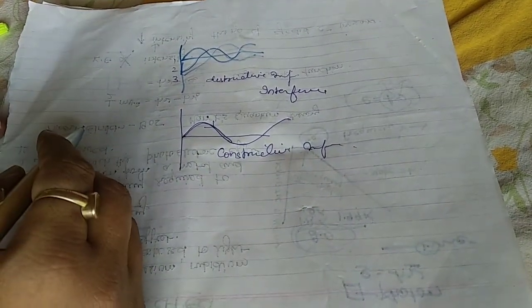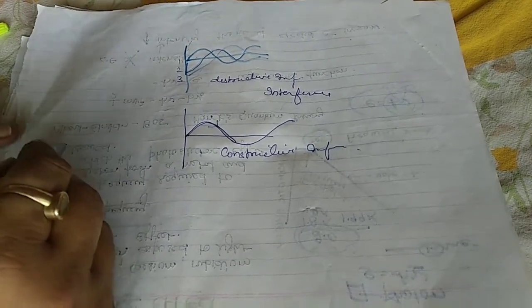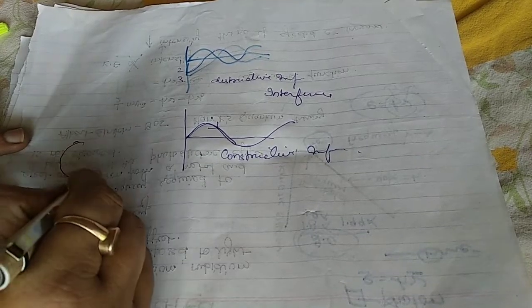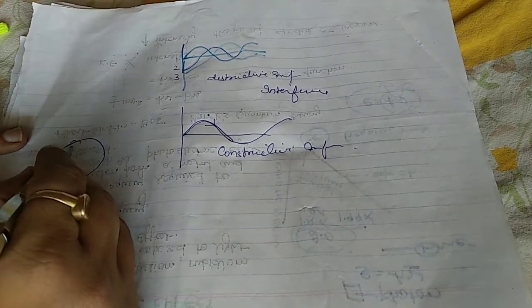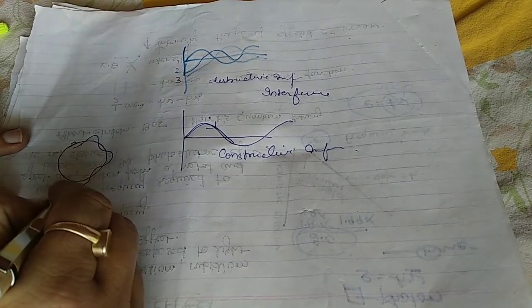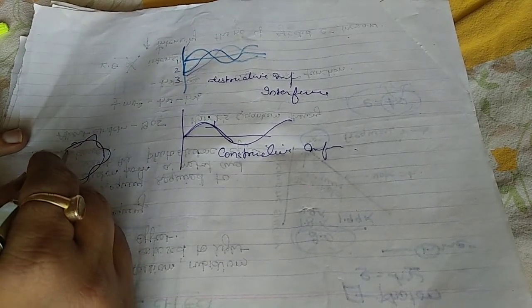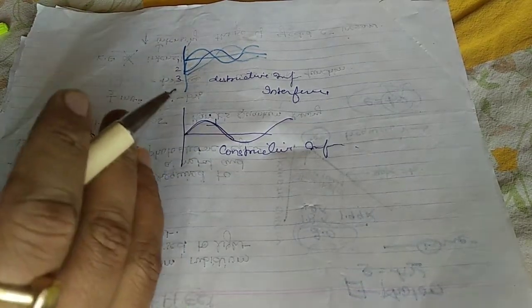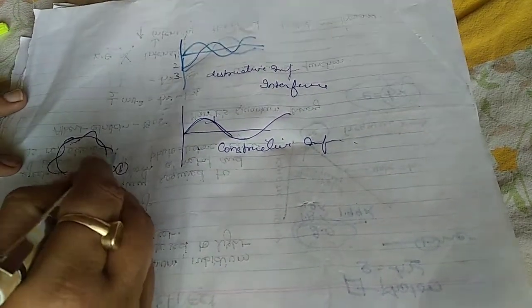So suppose this is the orbit of the electron and this is the second wave, which is not in position with the first wave. This is the first wave and this is the second wave.